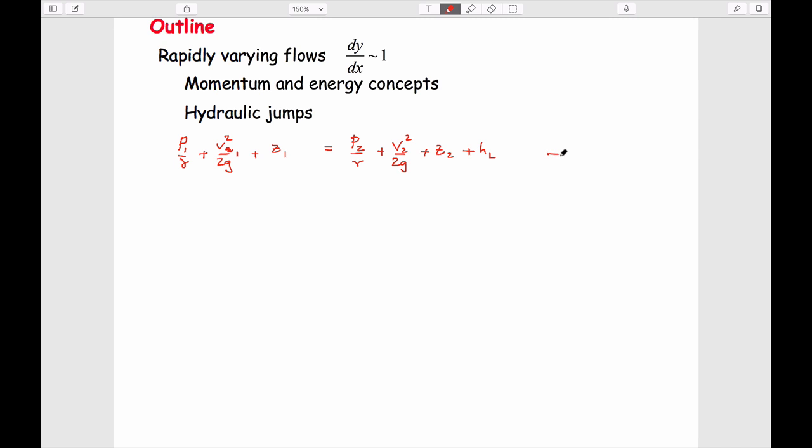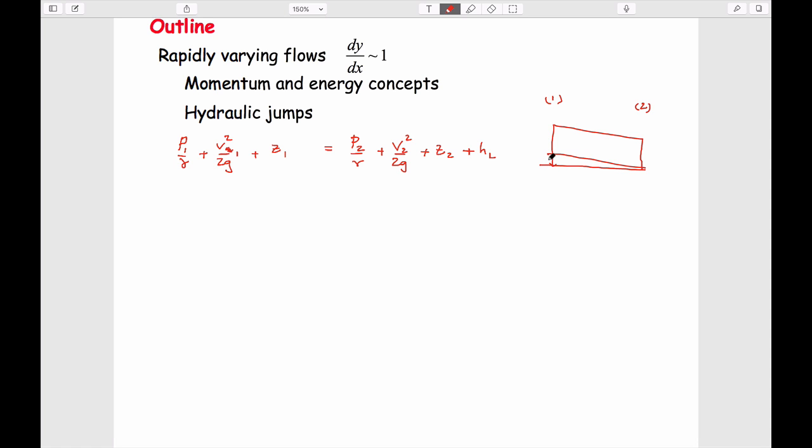And so we've been used to writing that for any particular geometry that we want. But the geometry that we want in this particular case is going to be flow in a channel. And that flow in a channel is between some upstream location here, and some downstream location here, relative to some datum.